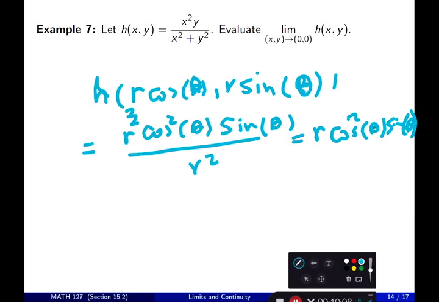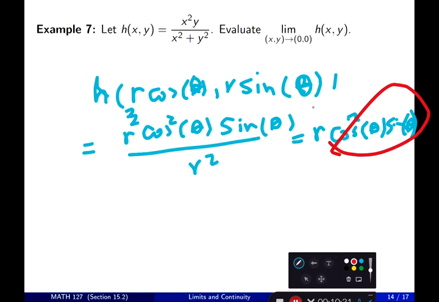It turns out there is, because we know that cosine squared theta and sine of theta are both bounded.